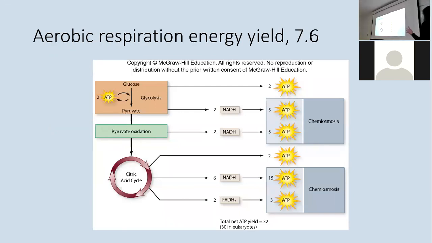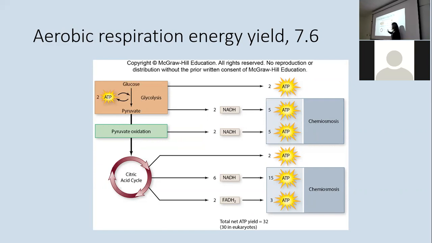And if we want to kind of pick apart where everything comes from, remember we netted 2 ATP in glycolysis. We made 2 more in the citric acid cycle. And then all of these electron carriers, kind of on average, so you got 2 NADH, 4 electrons, get you 5 ATP. In pyruvate oxidation, we filled up 2 more NADH, got 5 more ATP.